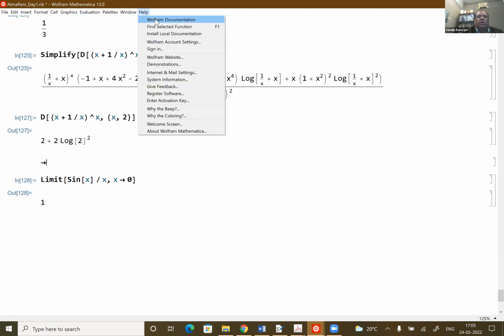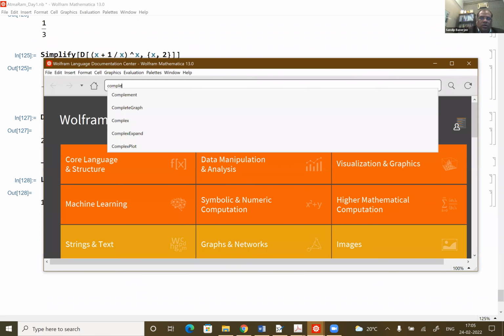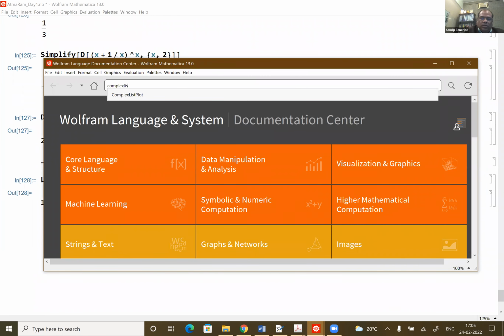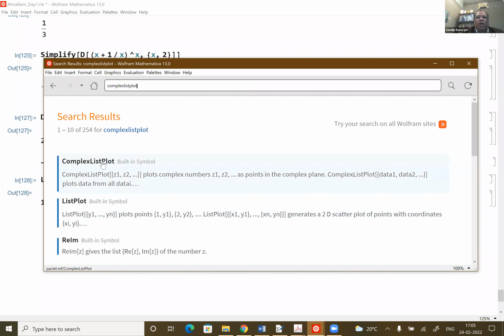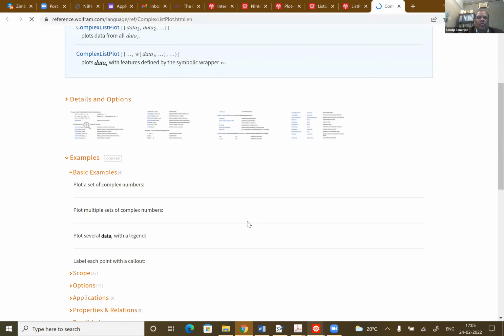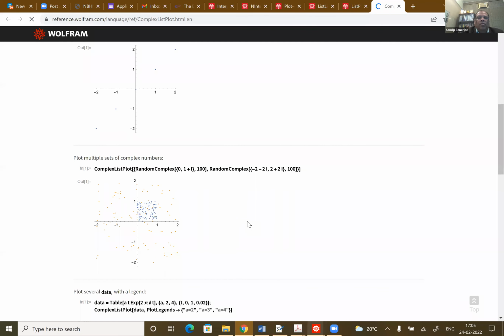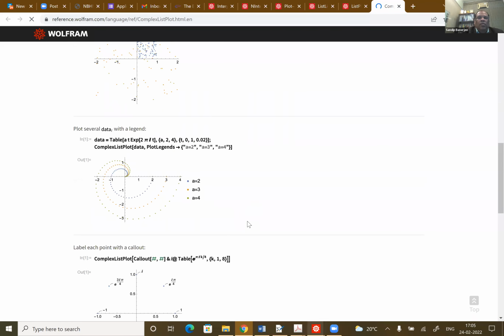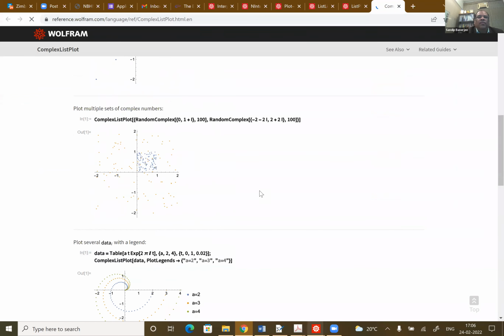I've not done it, but let's check. Okay, so it's an inbuilt function. Yeah. So you have something called complex list plot. Rest you can see. So it is an inbuilt.